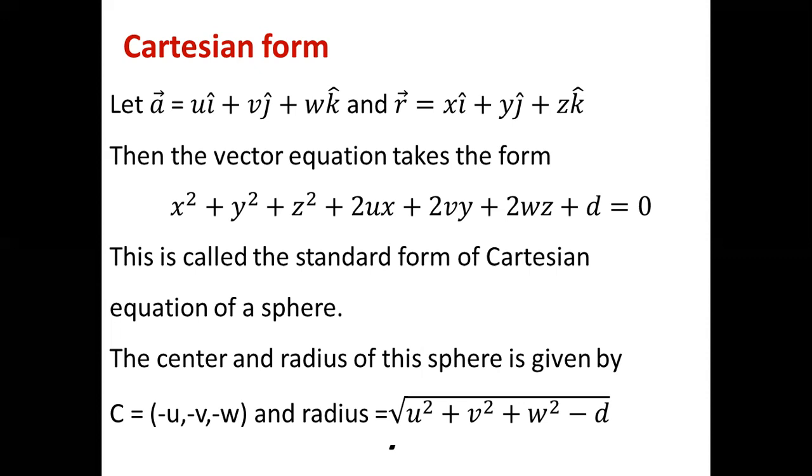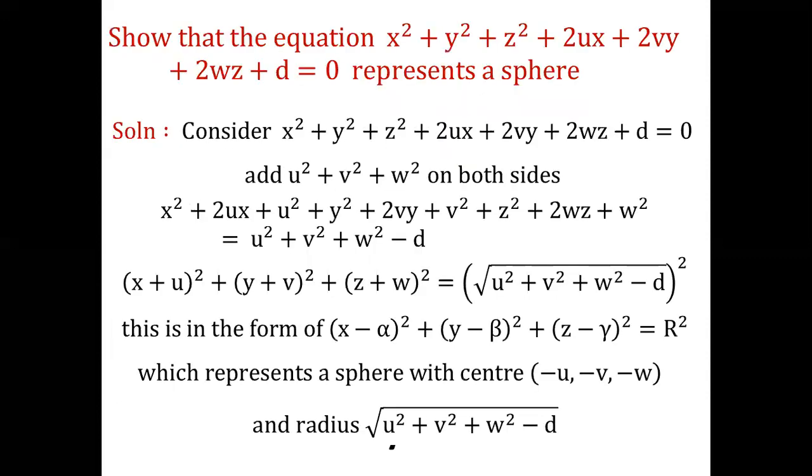This is called the standard form of the Cartesian equation of a sphere. Here, the center of the sphere is (−u, −v, −w) and the radius is √(u² + v² + w² − d). So note down, students, the center and the radius for the Cartesian form of a sphere.